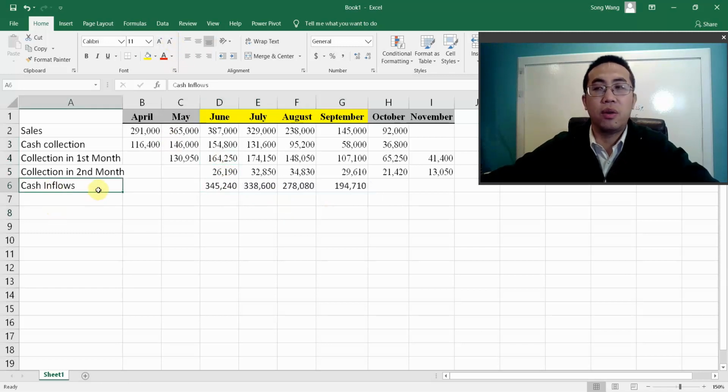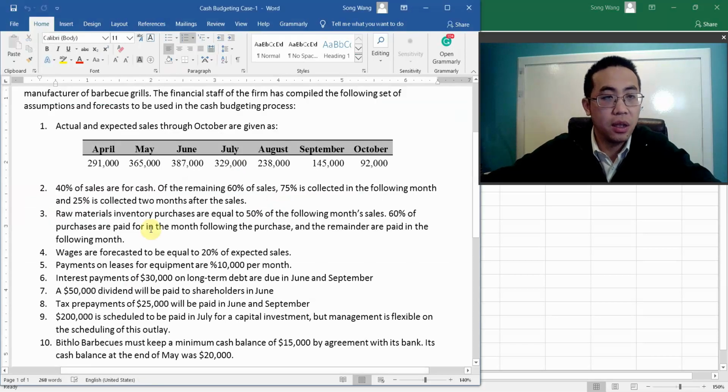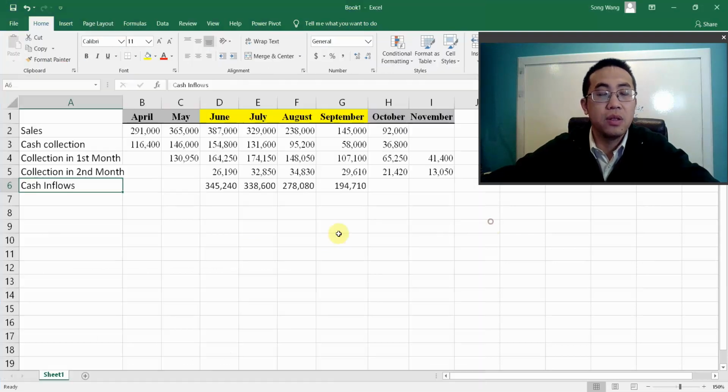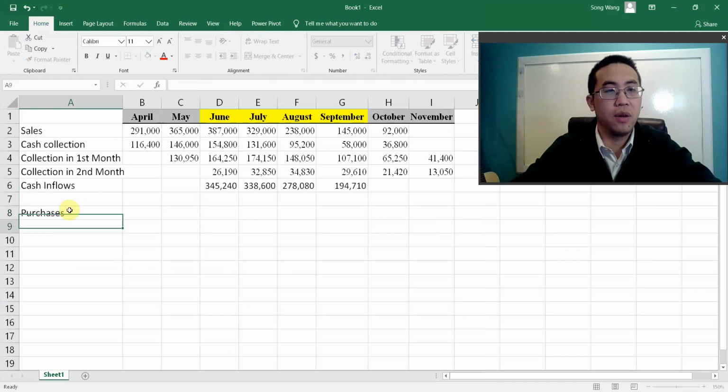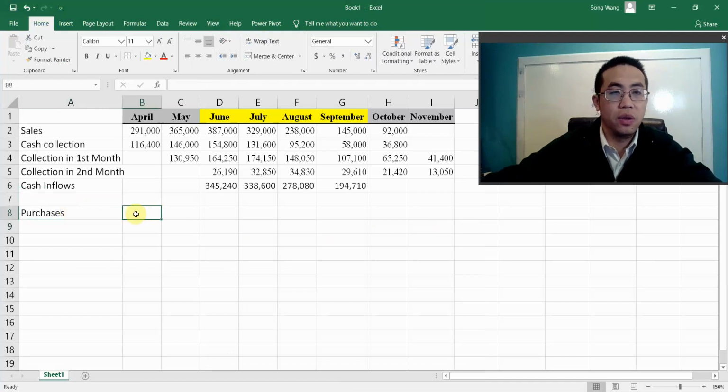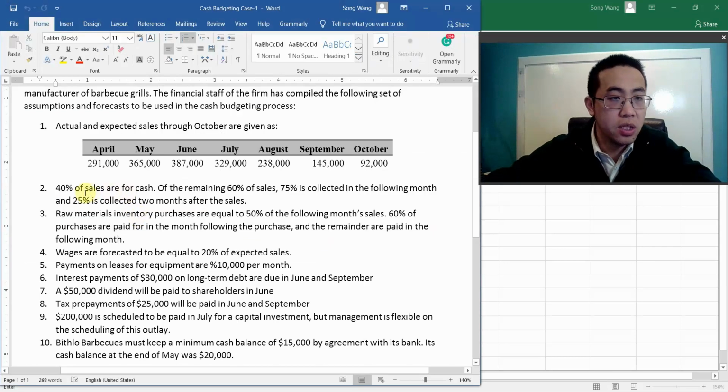Okay, so that's for my cash inflows. And then I'm going to read part 3: raw materials inventory purchases are equal to 50% of the following month's sales, and 60% of the purchases are paid in the month following the purchase, and the remainder are paid in the following month. So what you see here is purchases, and the purchases equal 50% of the following month's sales.